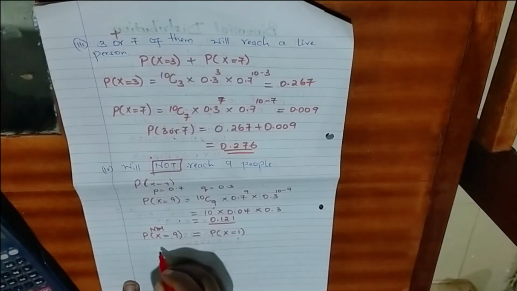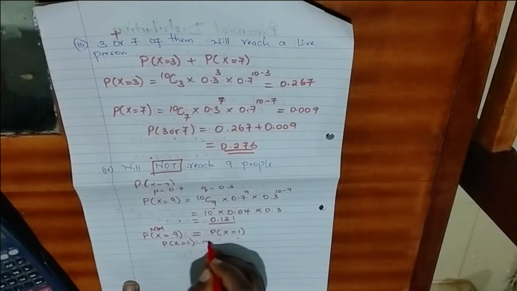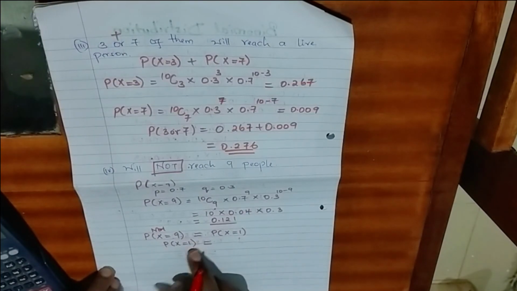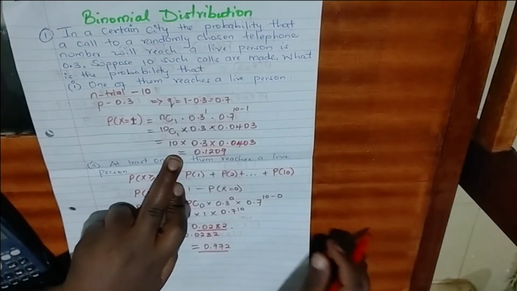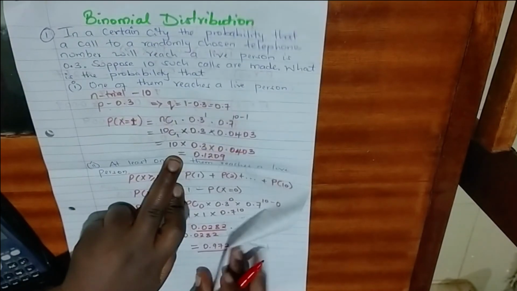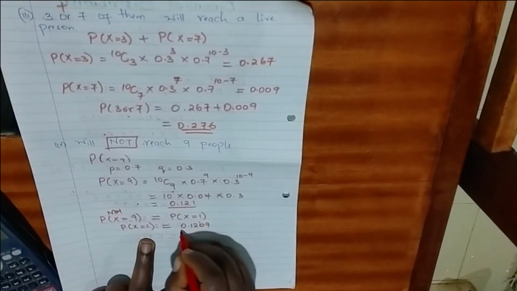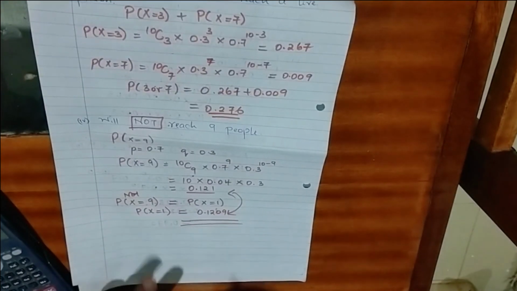So you could also compute the probability of X equal to 1. Earlier on, we computed the probability of reaching exactly one person, and it was about 0.12, precisely 0.1209, which is the same as that. So those are the two ways of finding the probability using binomial.